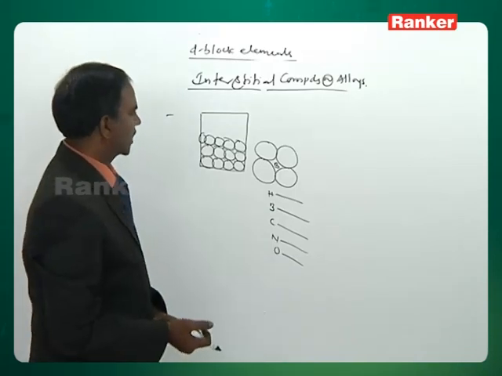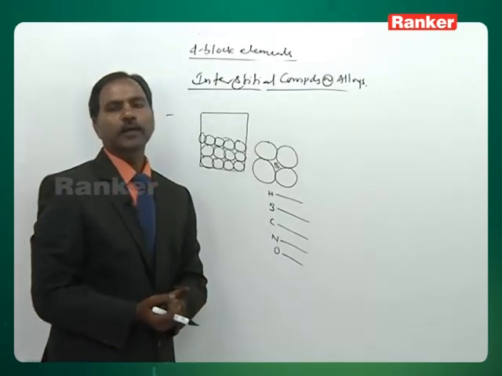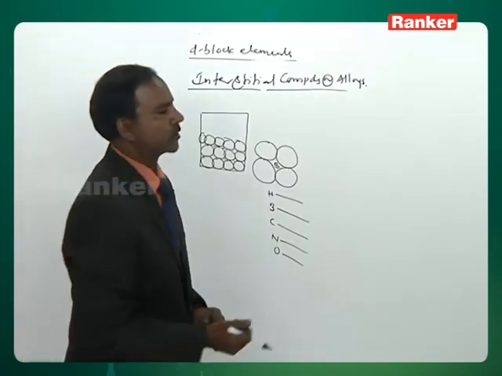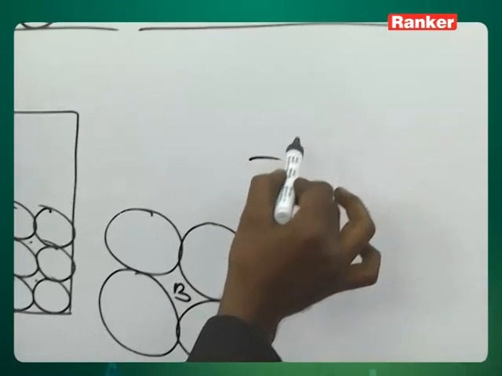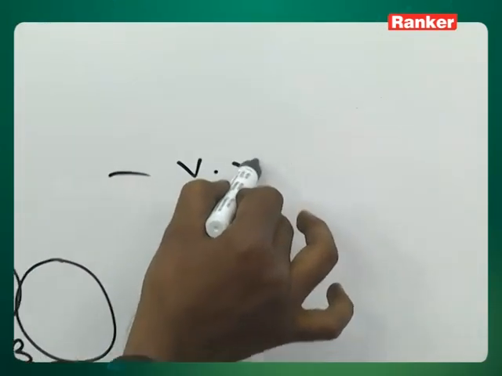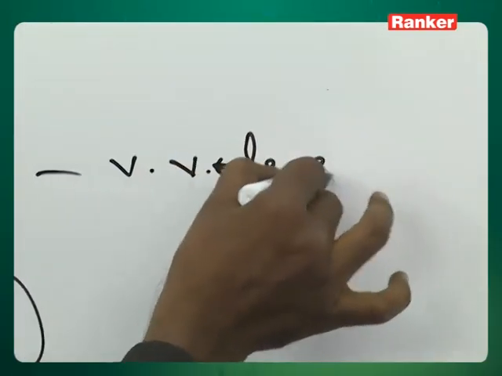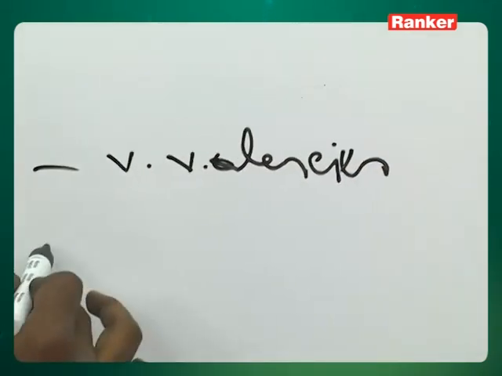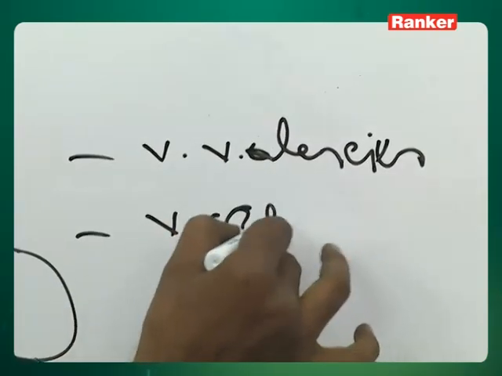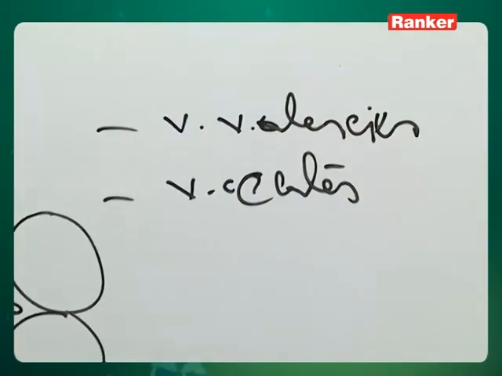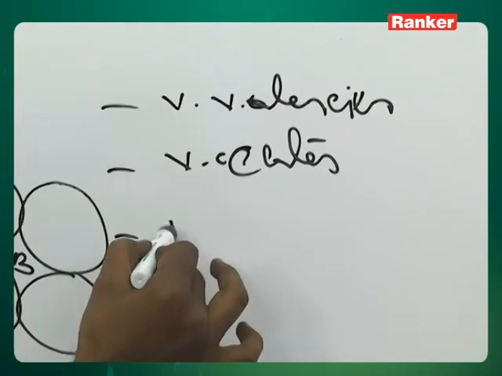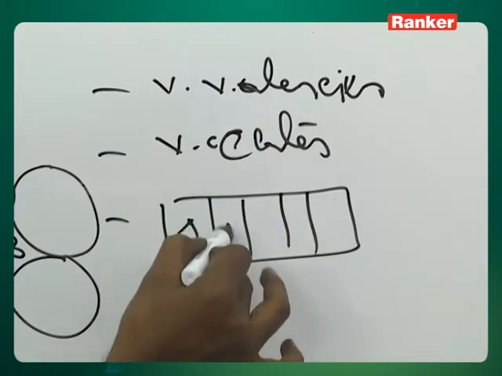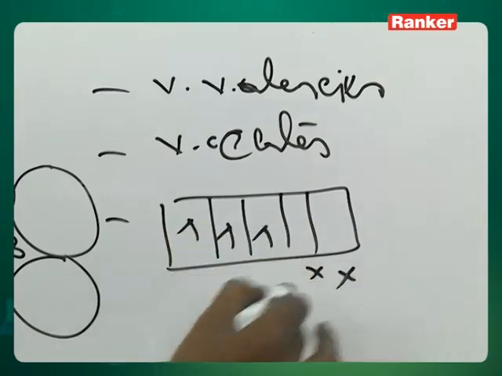Next, why are d block elements highly capable of forming these interstitial compounds? Due to more or less the same reasons: presence of variable valencies or variable oxidation states, and again incompletely filled d orbitals and unpaired electrons.